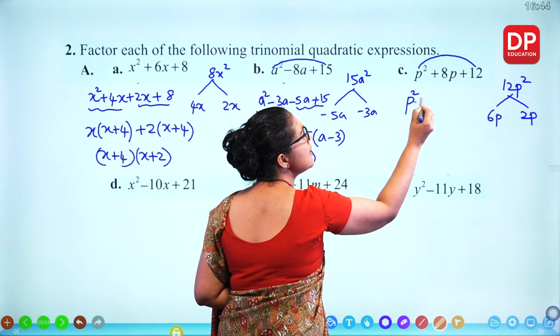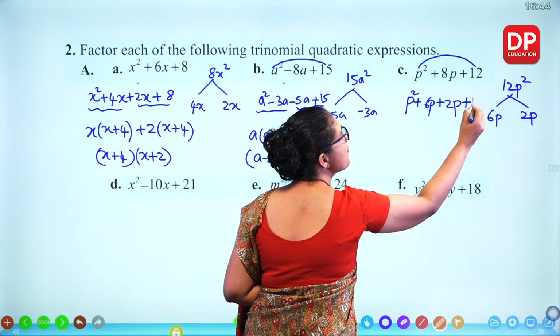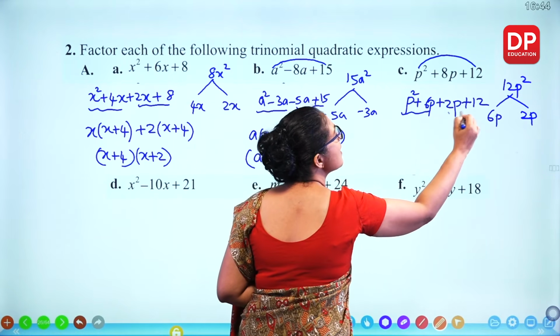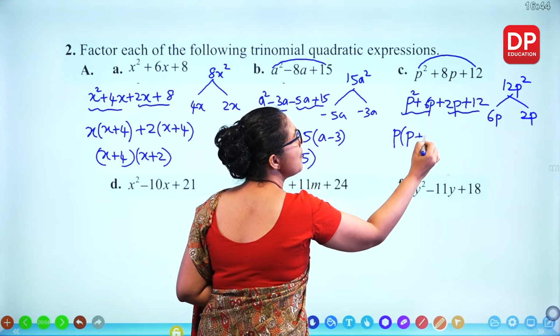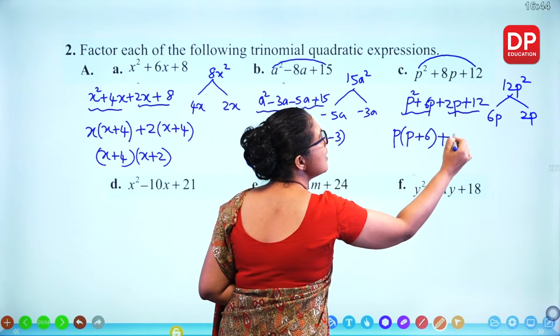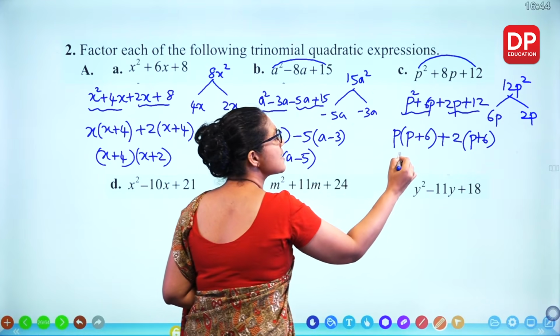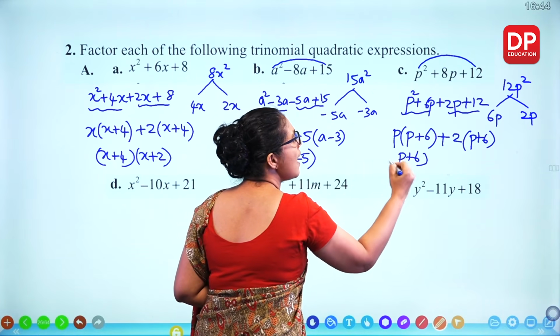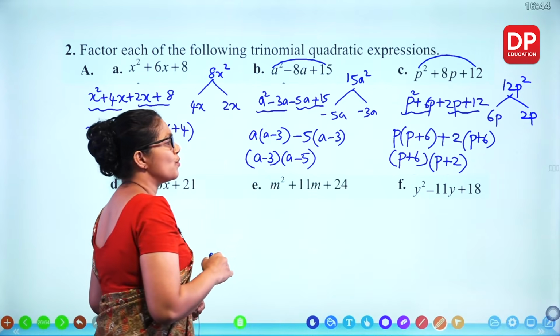So we can split the middle term into 6p and 2p and take 2 at a time and factorize. So here p plus 6 is remaining. When you take 2 out, p plus 6 is common, take it out, and the remaining part is p plus 2.